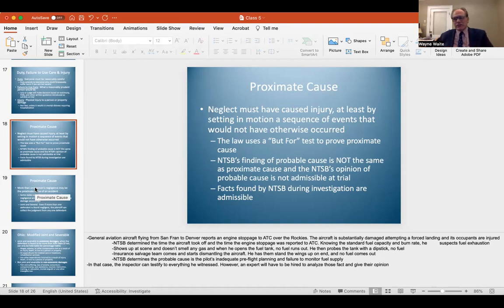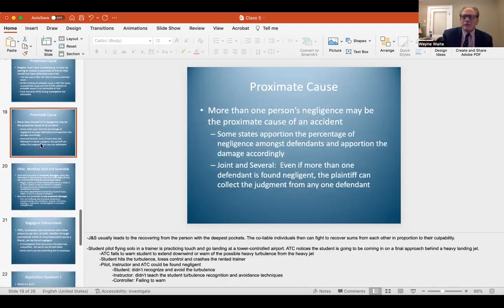When a report just comes in and there's just words on a page written by an NTSB examiner, whoever, and he or she is not in the courtroom, you can't cross-examine this piece of paper. And as a result, that's the reason the law takes that type of position.